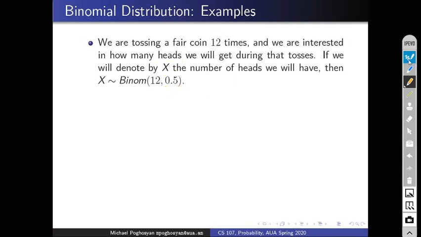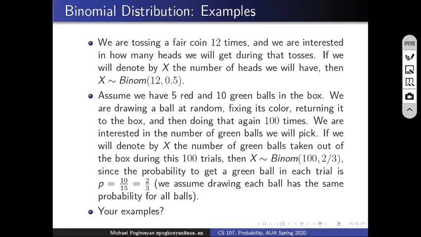Next. We have 5 red and 10 green balls in a box. We are drawing a ball at random, fixing its color, returning it to the box, and then doing that again, 100 times. So we are repeating our experiment of taking a ball and fixing a color 100 times, and we are interested in the number of green balls we will pick. So our success is picking a green ball.